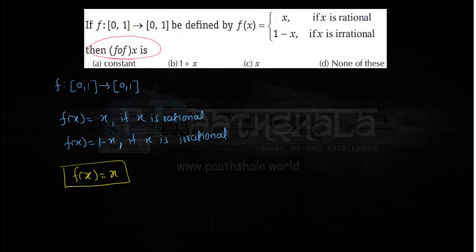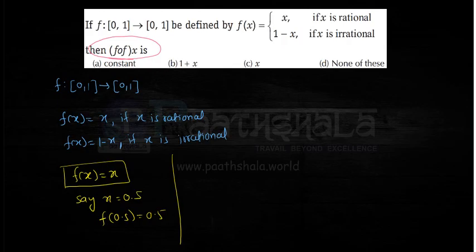This means the function simply returns the same value for a rational number. For example, f of 0.5 will be 0.5 only.